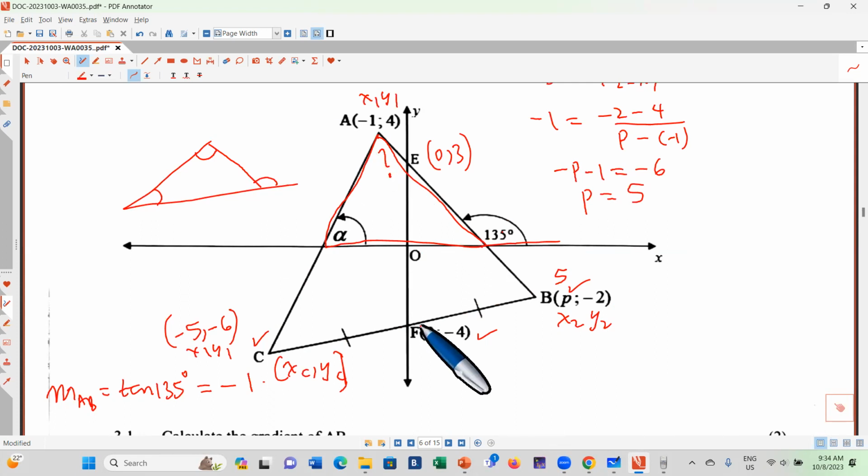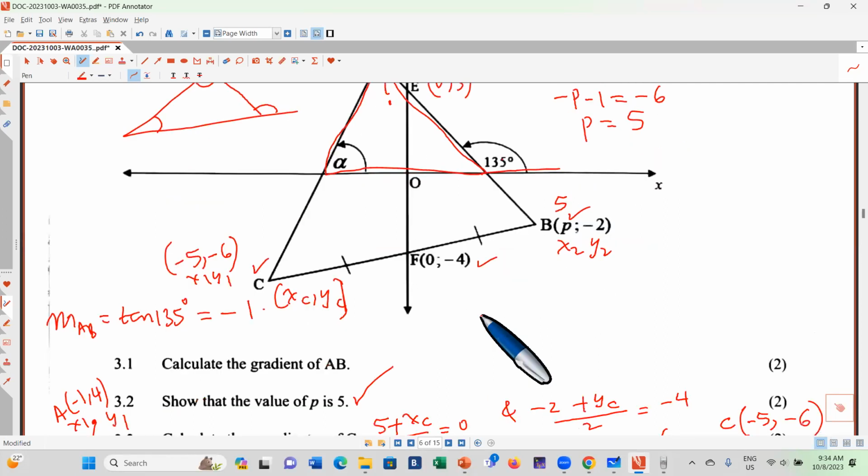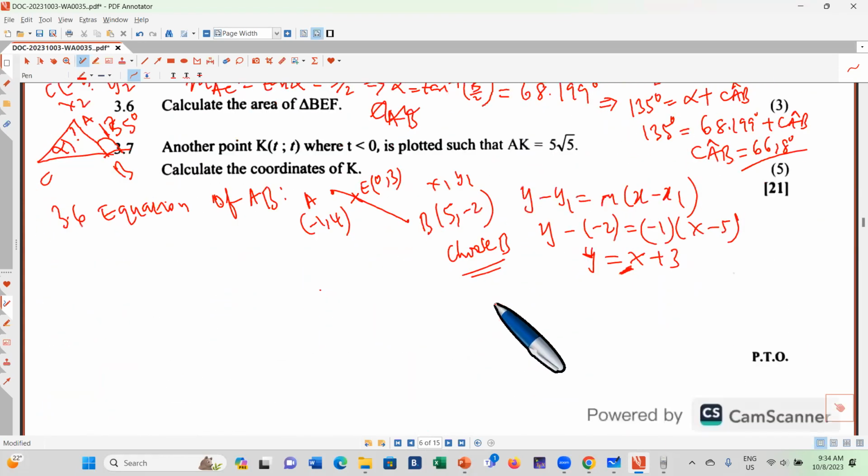We can do half base times the height, or the perpendicular height. So now that is what you're going to do. The area is half base by height.